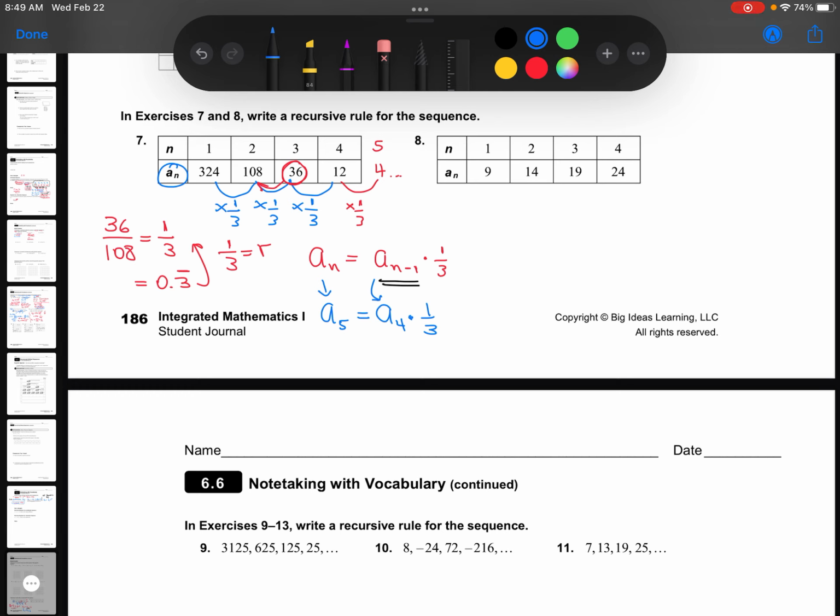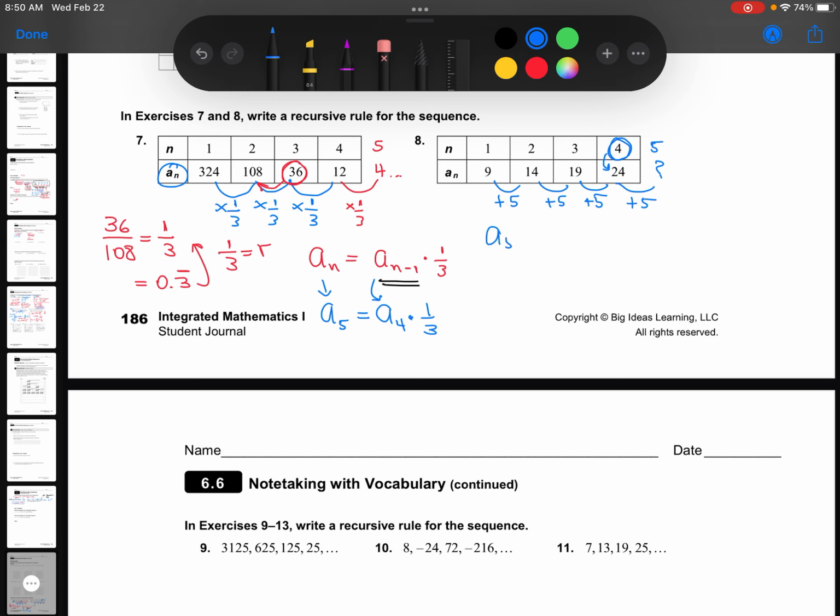As you can notice, it seems like we are now dealing with not a geometric sequence. There is no common ratio. Instead, it seems like the new terms are being generated by adding 5 every single time. So if I wanted to know the 5th term by knowing what the 4th term is, it's just going to be adding 5.